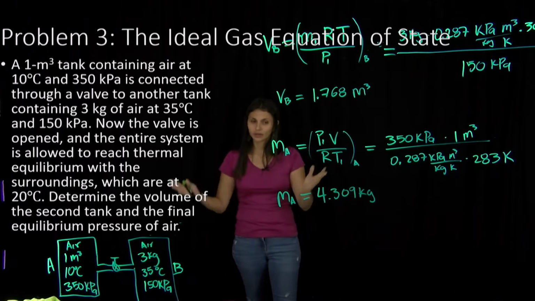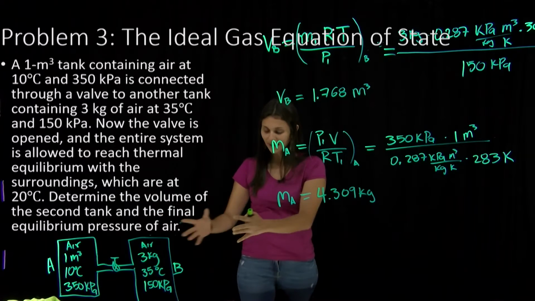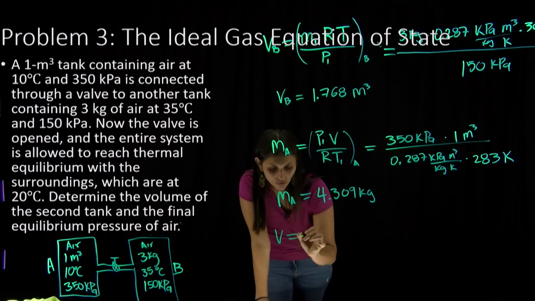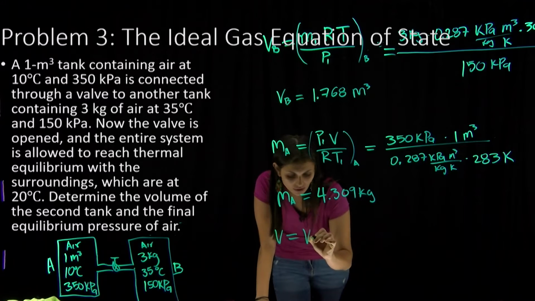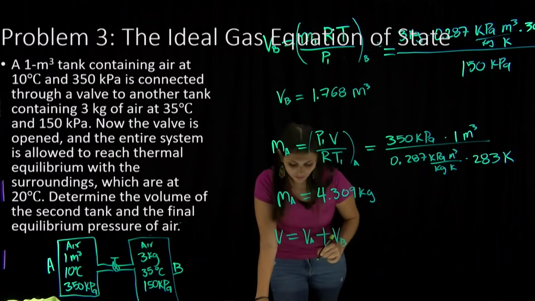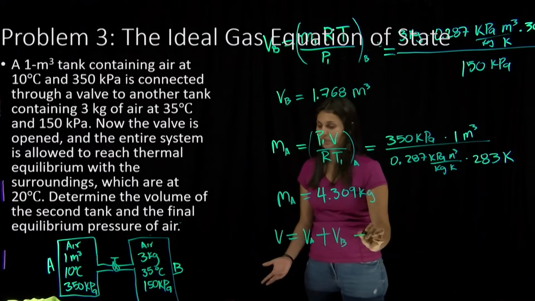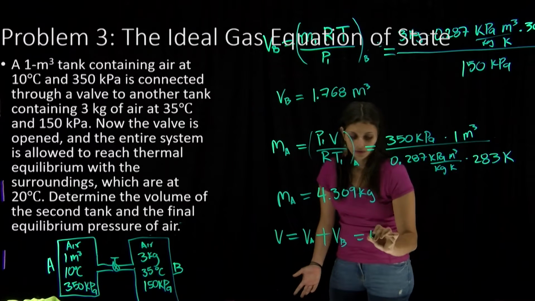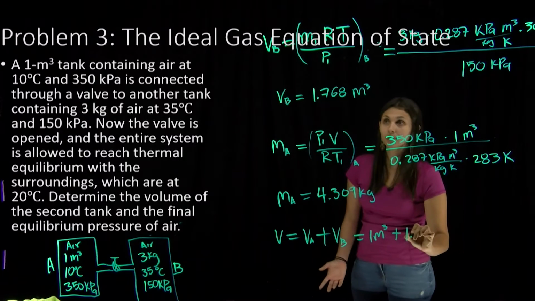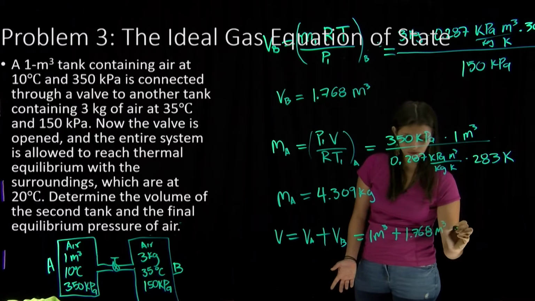So now we can calculate the total volume and the total mass of the entire system. The total volume will be just the addition of the volume of tank A plus the volume of tank B. If you input the numbers, that will be 1 cubic meter plus 1.768 cubic meters.